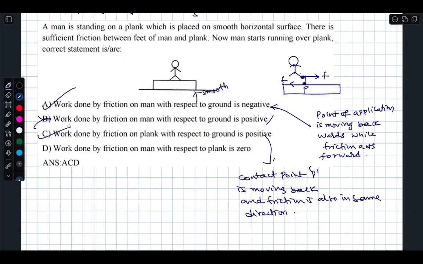So C is correct. Work done by friction on man with respect to plank is 0. Yes. Why? No slipping, so static friction. So work done by this is 0.